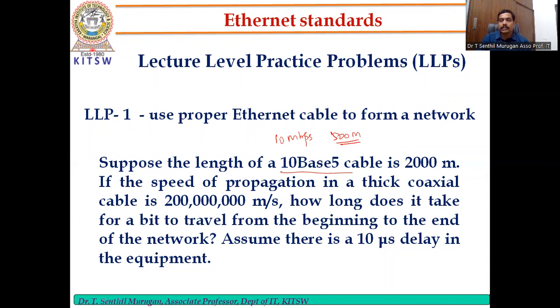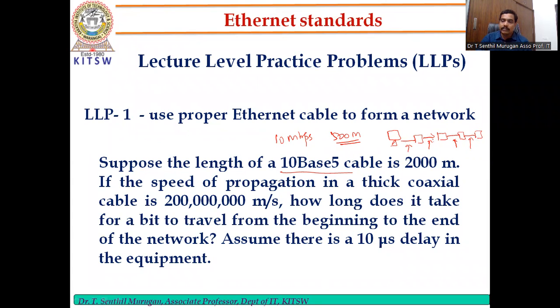What is the 2000 meter? 2000 meter means first one wire of 500 will be there, then a second wire, then a third wire, then a fourth wire. So here 500, 500, 500, 500.